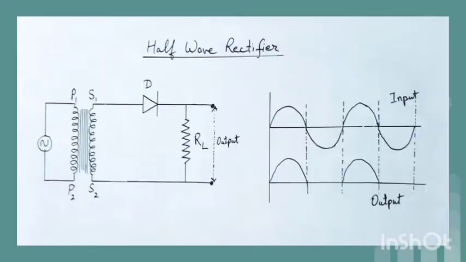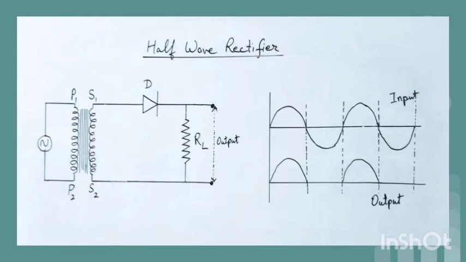See the circuit diagram of the half wave rectifier in which the AC to be rectified is connected to the primary P1 P2 of a step down transformer. Its secondary is S1 S2. S1 is connected to the P side of a diode D and S2 is connected to the N side through a load resistance RL. The output is taken across the load resistance RL.